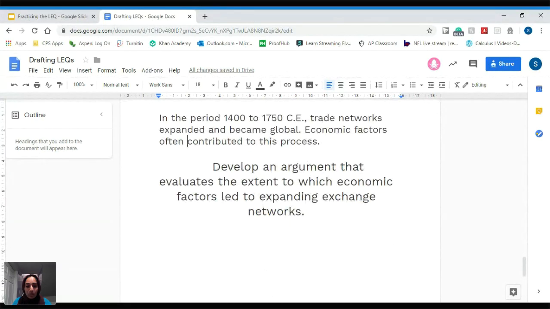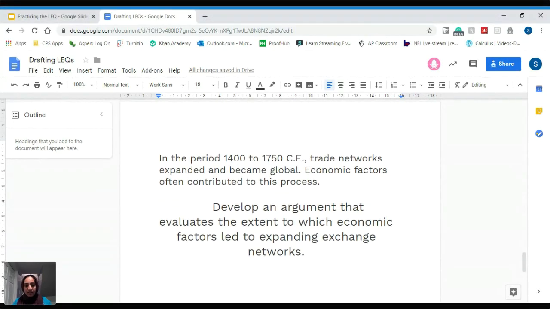So again, what we're going to want to do is break this prompt down. We always want to start with what the prompt is asking you to do. Right here, I can already see it's asking me to evaluate the extent. So again, how much? I'm going to underline that.